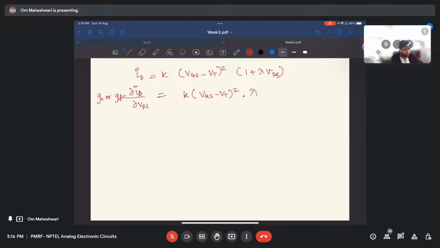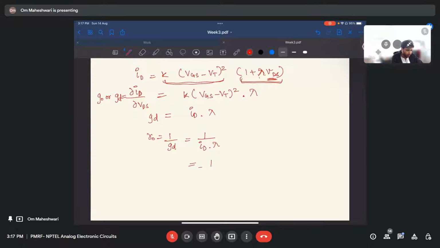We just have to differentiate the part containing VDS, so only lambda remains and the other term acts as a constant. That is actually ID dot lambda. So GD is ID dot lambda, and RO is 1 by GD, which equals 1 by (ID dot lambda).